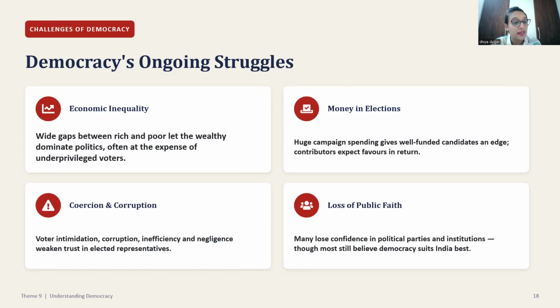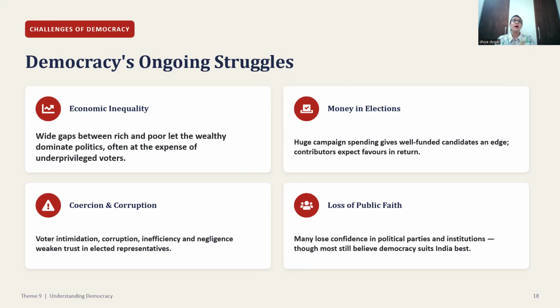Now, coercion and corruption. Corruption, just now I gave one example, bribery. Now, coercion, students, this term is written COERCION, and the correct pronunciation is coercion. Coercion means when voters are forced to do something which they don't want to do.